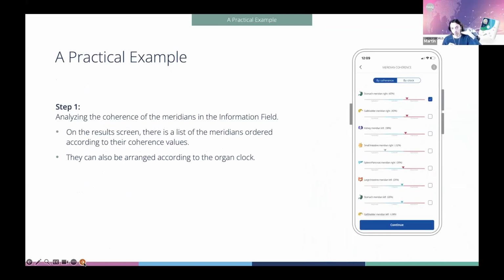You identified first that this meridian is incoherent, and then you analyze every single point to see which one or ones are the most relevant. As we all know, we have the relevance analysis in the Analyse app. When you identify the most relevant, you pick the two most relevant and analyze in depth.